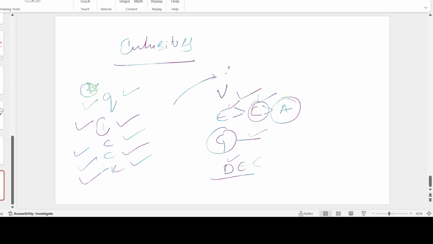What do these drugs do? They inhibit the enzyme. Now, take an example. A patient is on theophylline, right?